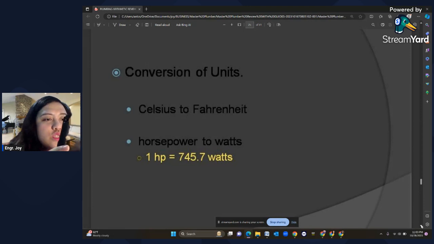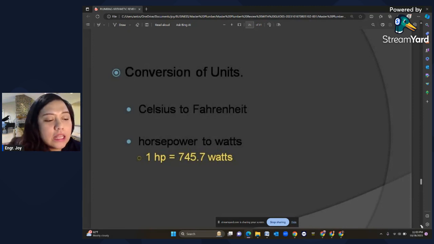So 1 HP, how many kilowatts? It's 0.7457. So in watts, it's 745.7 watts.